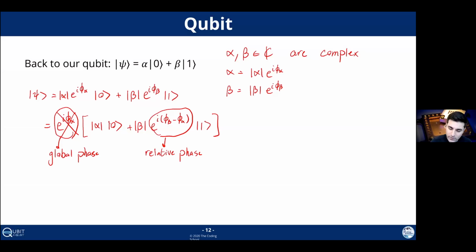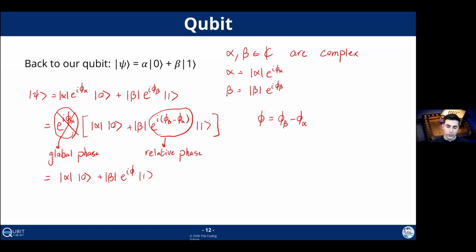Okay, so for that, I'm just going to say that this new variable phi is equal to phi beta minus phi alpha, just to simplify things. So what we discussed is that now I can write my quantum state as magnitude alpha times 0 plus magnitude beta times e^(i phi) in front of the 1 state.